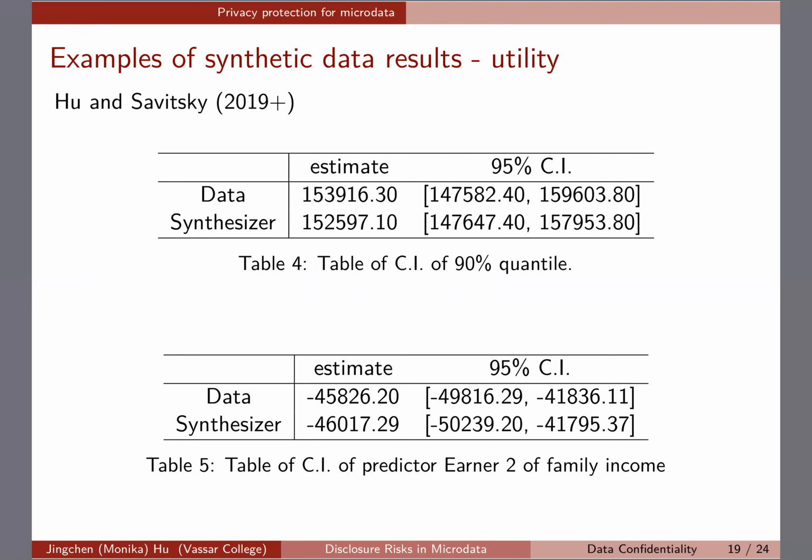Okay, so that's one thing you can do, and that's what these tables are. And the last one is a regression analysis of a particular regression coefficient. And you can also return those estimates and compare the results on the original data against the synthetic data and see how close they are as a way to evaluate the utility.